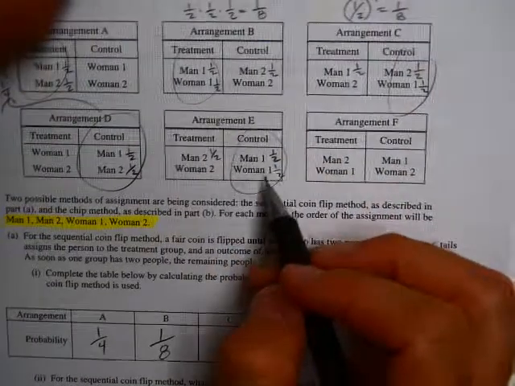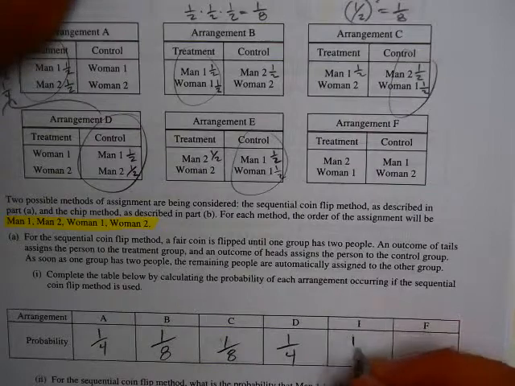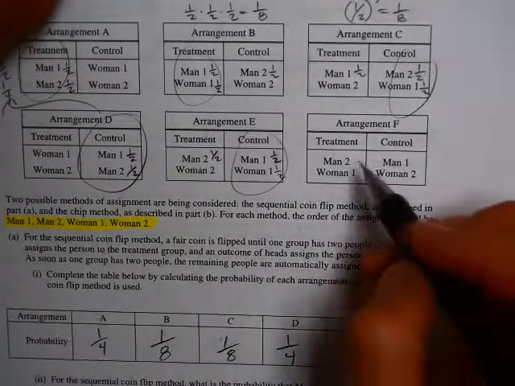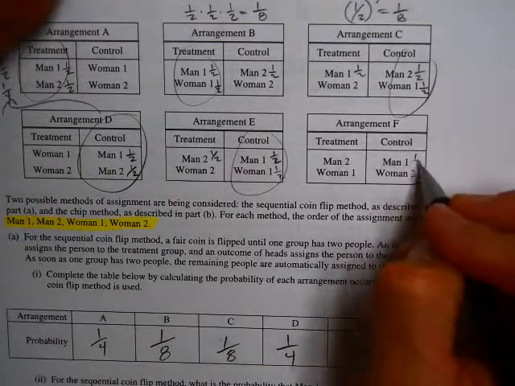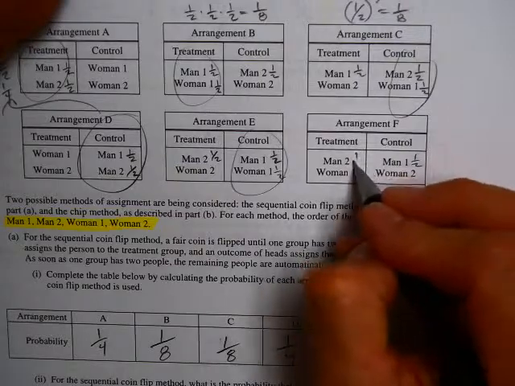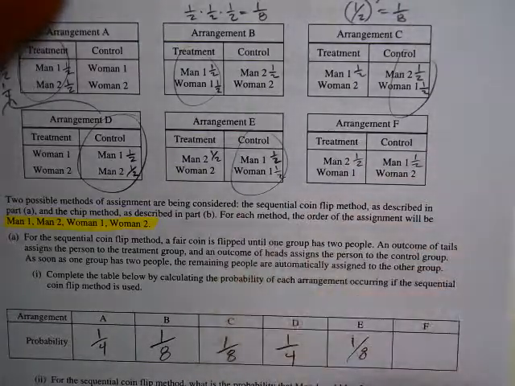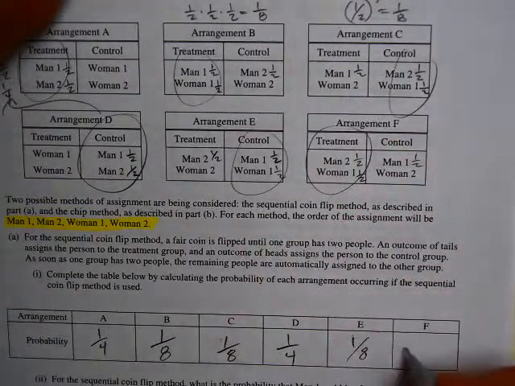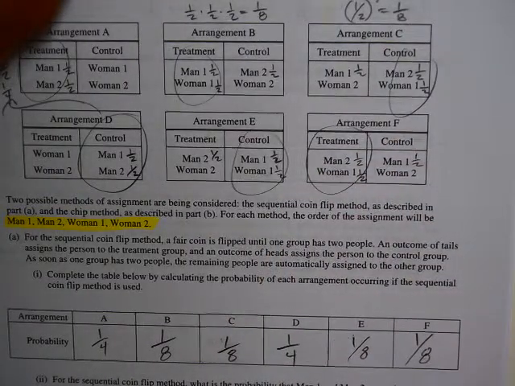So this is 1/2 to the 3rd power again, or 1/8. And the last one, which is going to have to be 1/8. Man 1 flips. He's in control. Man 2 flips. He's in the treatment. Neither group is filled. Woman 1 flips. That fills the treatment group, and we have 1 in 8.